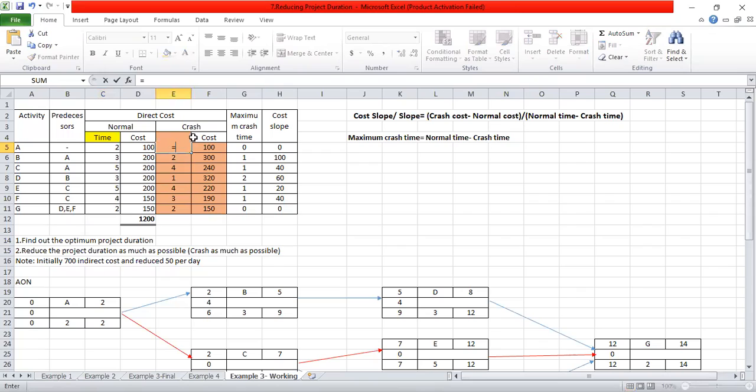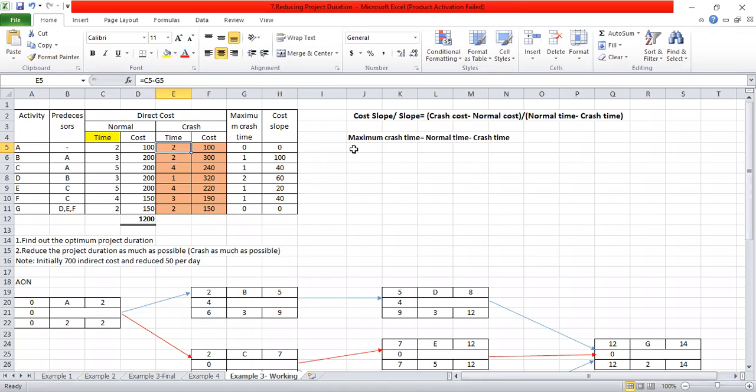I will take the maximum crash time, from that deduct the normal time. I made a mistake, right? What is the mistake? From the normal time, I have to deduct the maximum crash time.